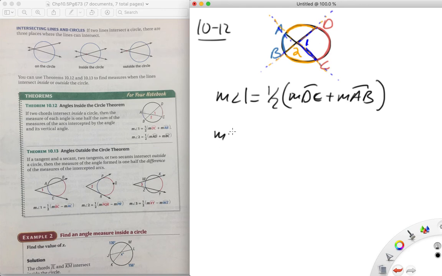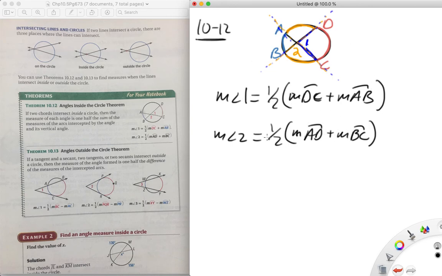So if I have to look for the measure of angle 2, that's going to be half the sum of arc AD plus arc BC.